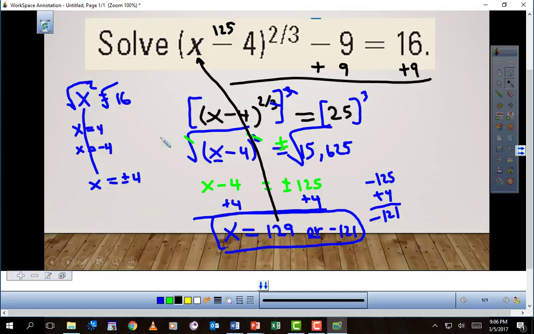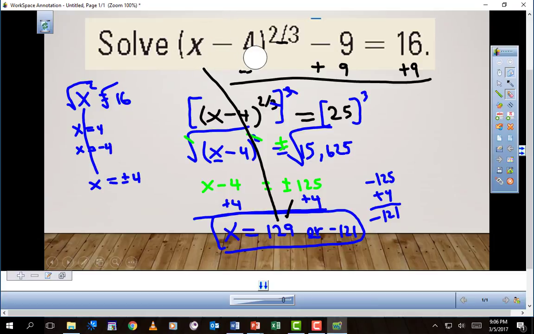And then if you raise that to the 2/3 power, you get 25. So 125 to the 2/3 power would give you 25. And then you get 25 minus 9, which is equal to 16. So this answer works.